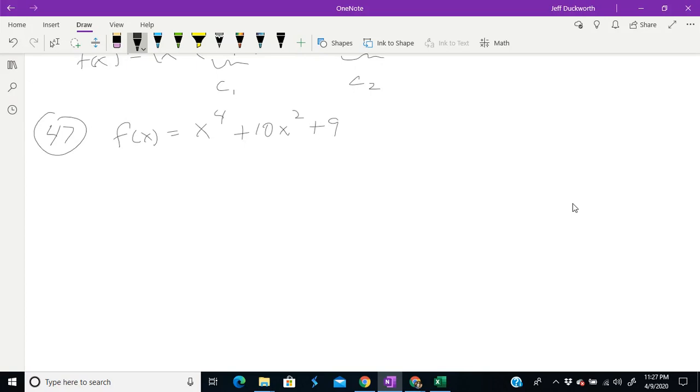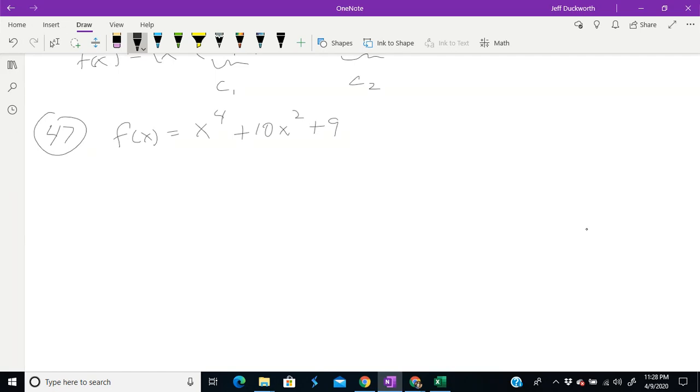Okay, we can solve this by factoring. At least we can factor once, and maybe we can factor again or use the quadratic. So this is of the form x squared plus 10x plus 9, except instead of a square and a first power, we have a fourth power and a second power. So essentially, we have a fourth, a second, and a zero.